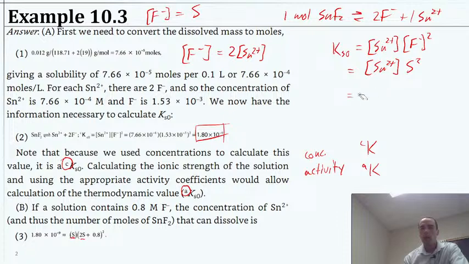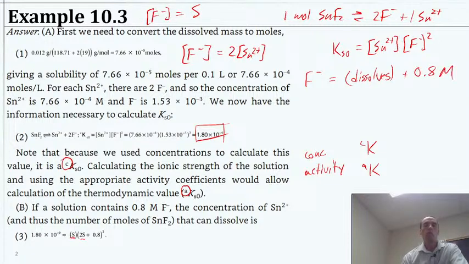I'm going to back up a little bit and say F minus should be equal to whatever dissolves plus that 0.8, right? So we need to find that portion that is going to dissolve, and maybe that's what the S is here.